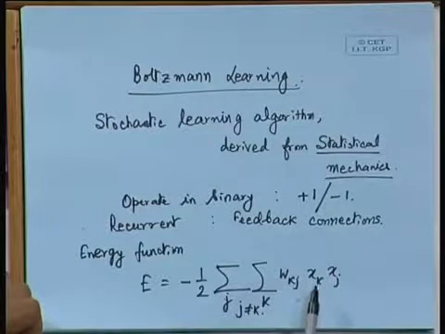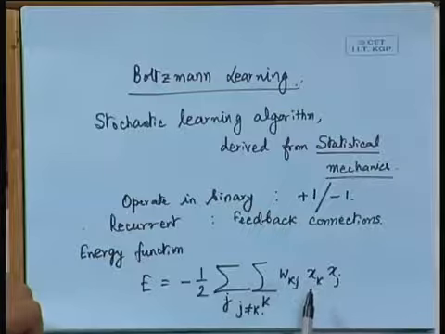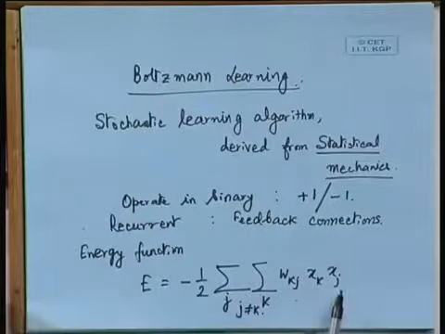Just simply interpret what it means. You take a neuron labeled K, and you take another neuron labeled J, and you have a connection from neuron J to neuron K, and that connection is Wkj. Wkj is from J to K, right? Do not make that mistake.